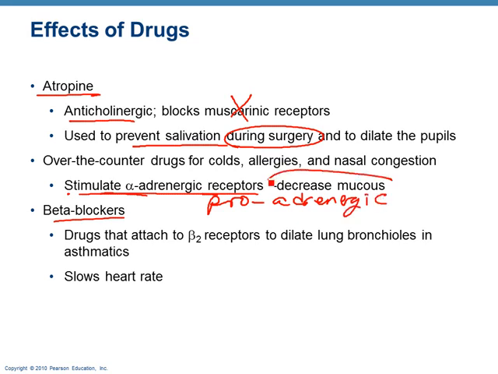A lot of the cold medicines that you take stimulate those alpha adrenergic receptors, and they decrease your mucus production. So these are drugs that work on the receptor side of an organ. Here's your organ, and they work by either stimulating or inhibiting on these receptor sides.